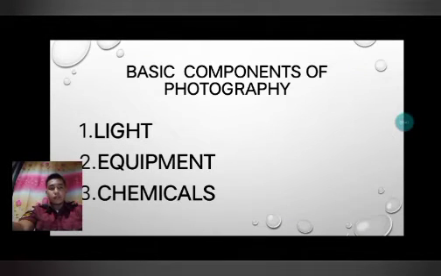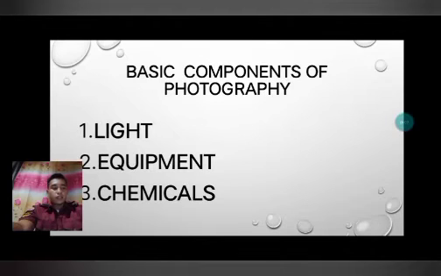Basic components of photography. There are three basic components of photography, which are light, equipment, and chemicals. First is light. What is light? Light is one of the most important elements of creativity in photography.